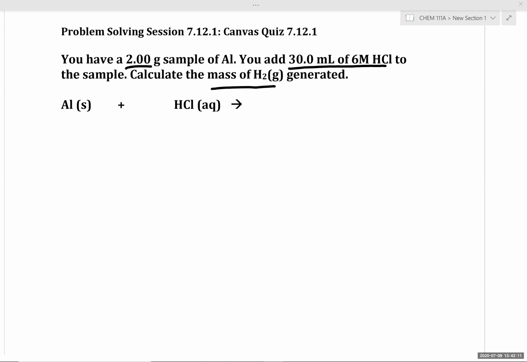And don't be shy to propose the chemical equation for this reaction in the chat.